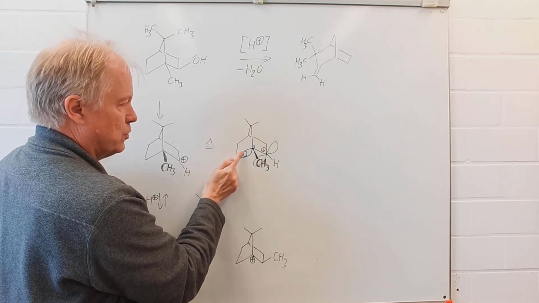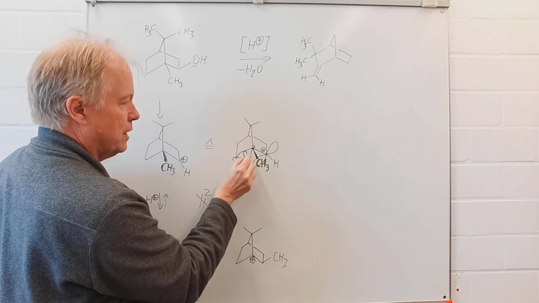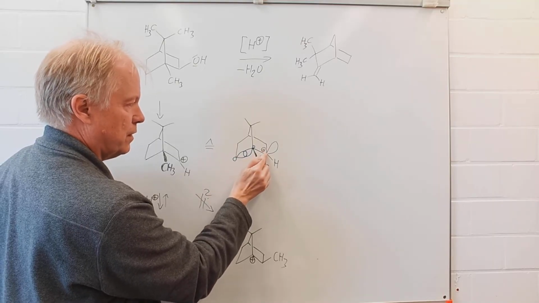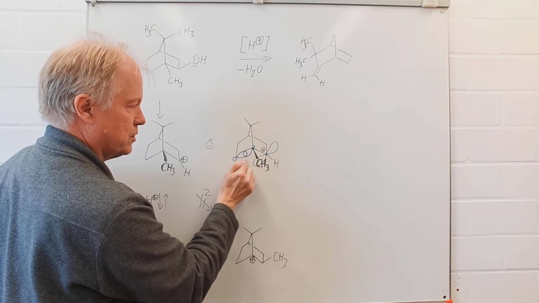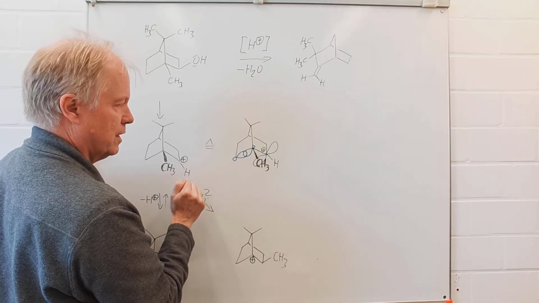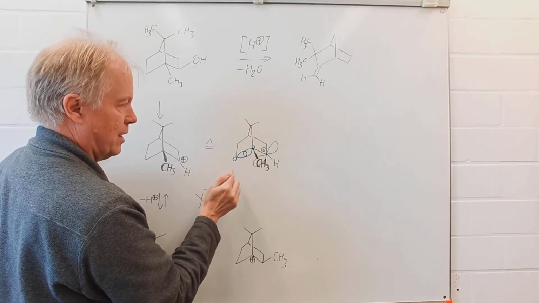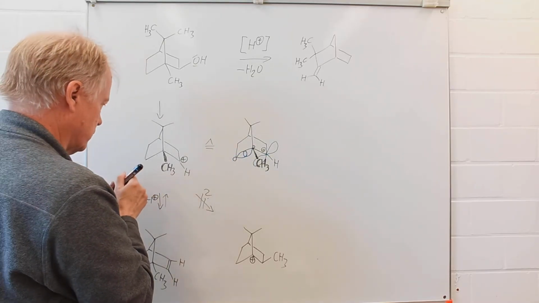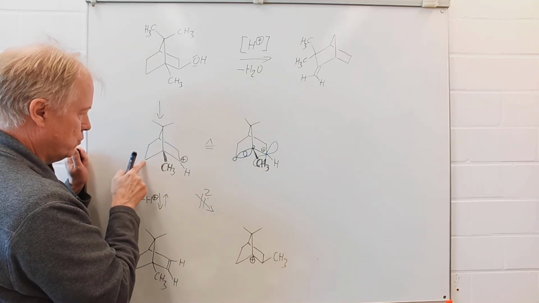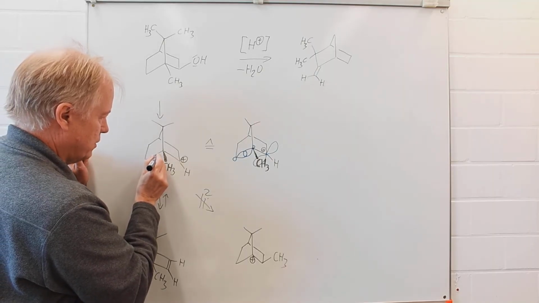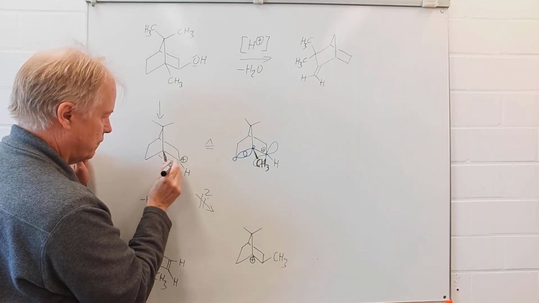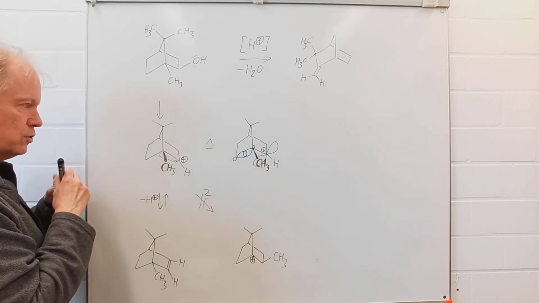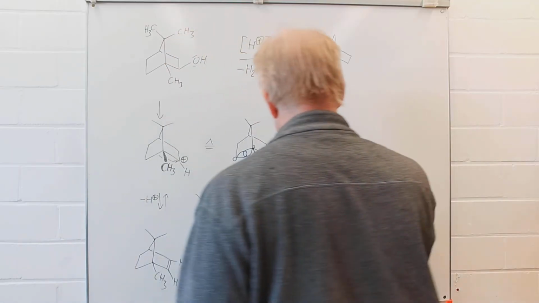If the electron density migrates from here to there, a CC bond is formed, while at the same time the bond between that carbon and that carbon is broken. So this CH2 group migrates within a Wagner-Meerwein rearrangement.